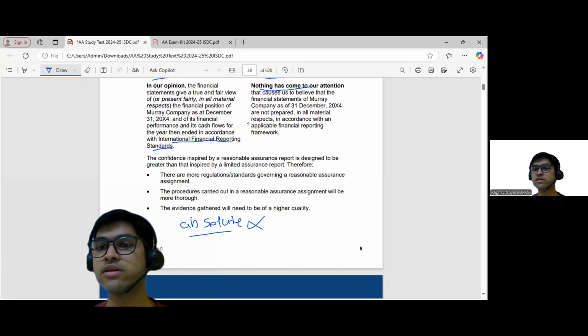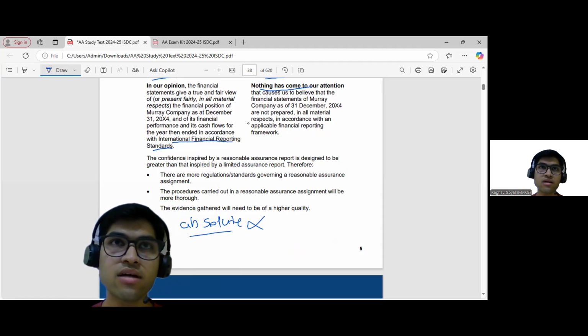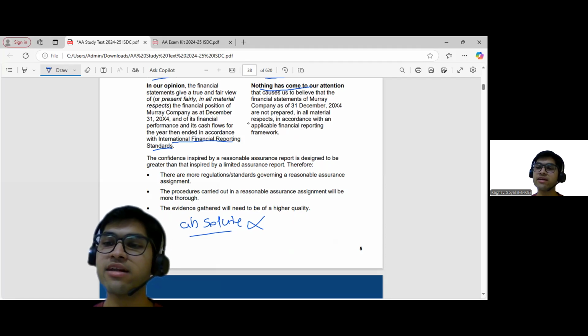So the purpose of audit is not to correct each and everything. It is to ensure that the numbers are not materially misstated.